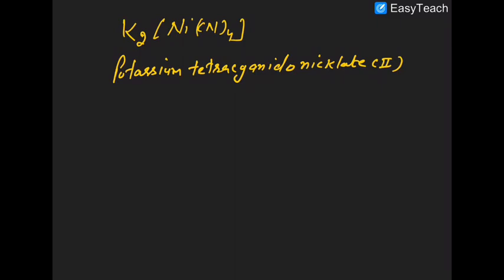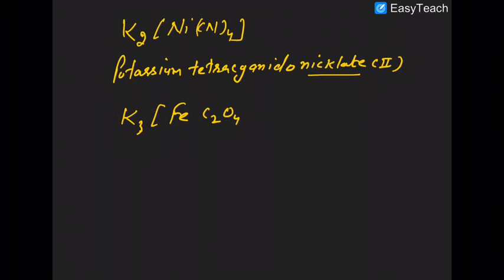Because here the anion is the complex. If the anion is the complex, then the metal name should be written with the ending -ate, nickelate. Let us suppose one more example, K3 Fe(C2O4)3.